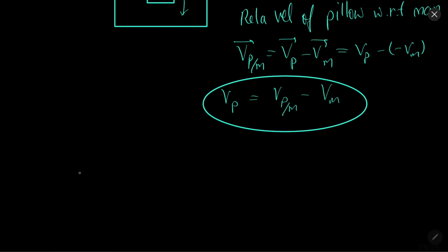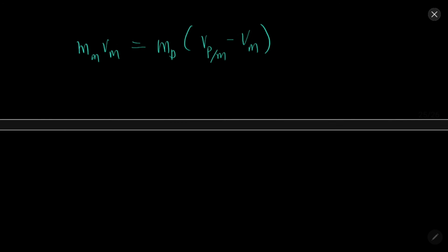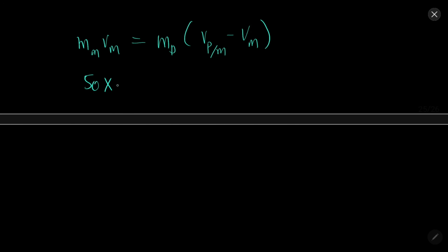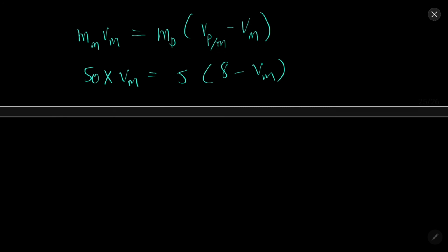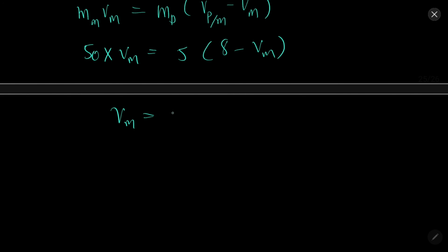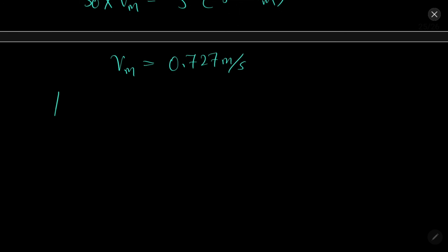So put this in equation 1, we will obtain mm Vm equal to mp (Vpm minus Vm). So putting all the values, 50 into Vm equal to 5 into (8 minus Vm). So we will obtain Vm equal to 0.727 meters per second.